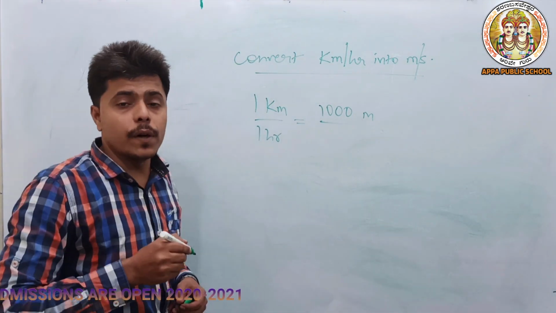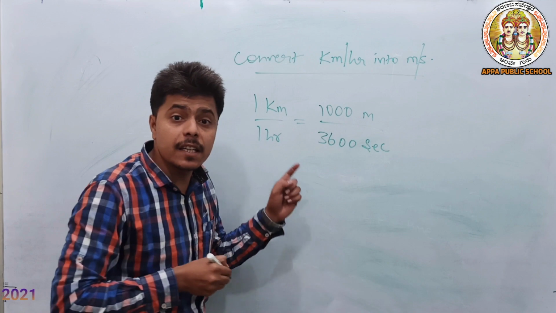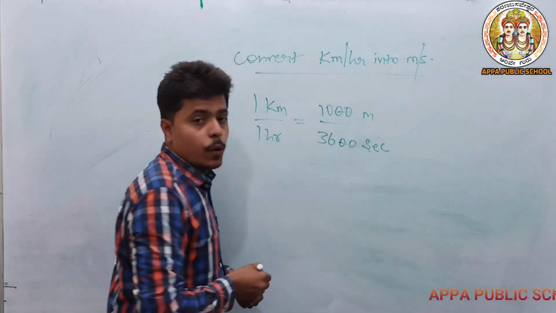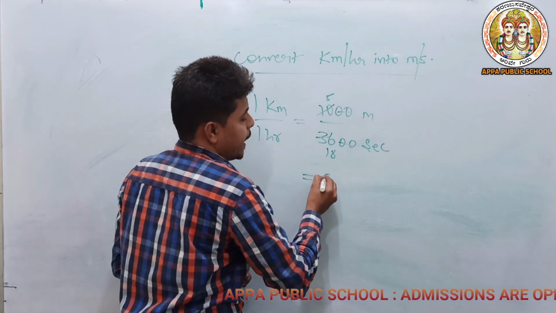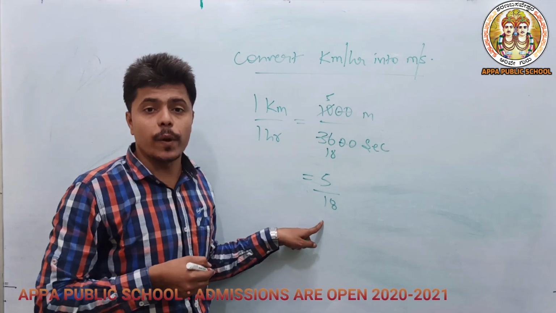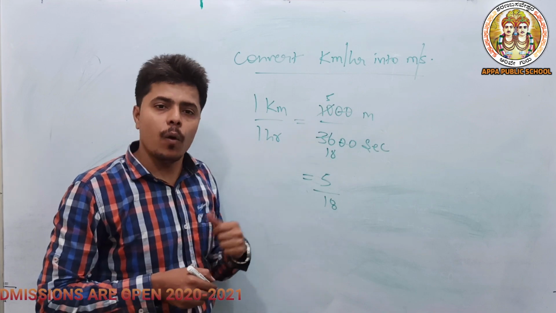What is the value of 1 hour? 3600 seconds. I repeat, 3600 seconds. I am going to cancel these two zeros and we get 5 by 18. This fraction is going to help convert kilometer per hour into meter per second. How? I will show now.